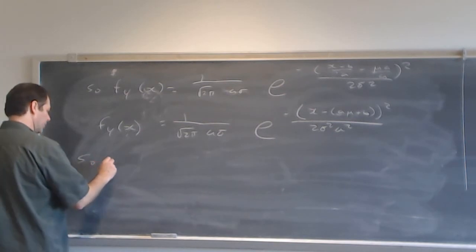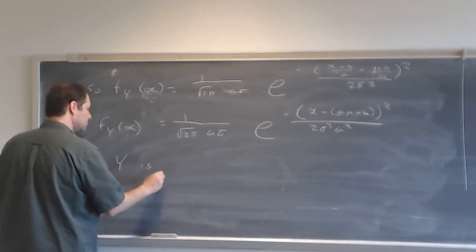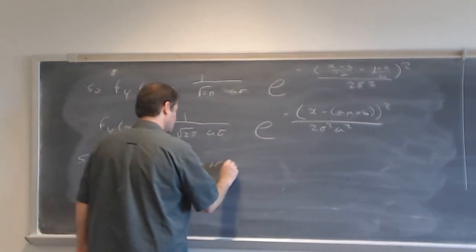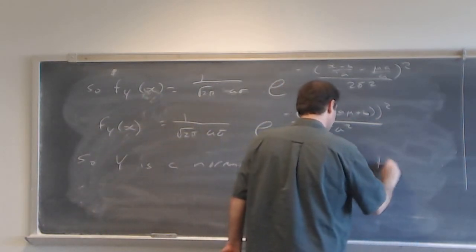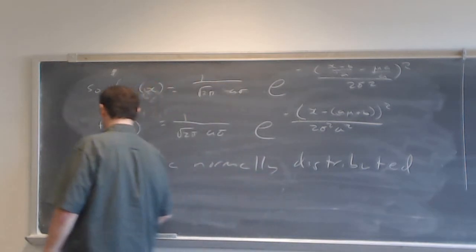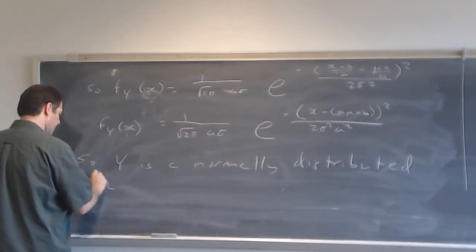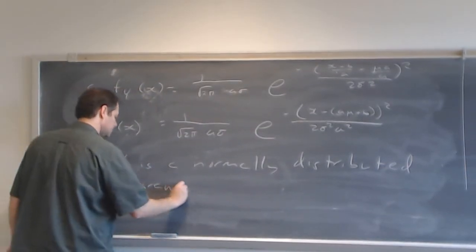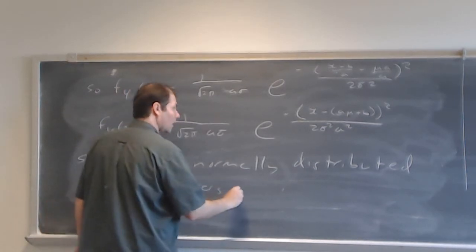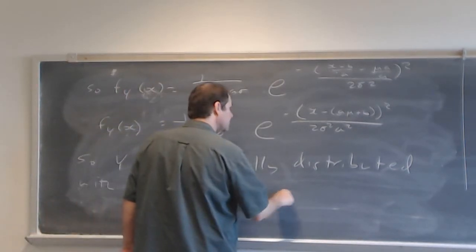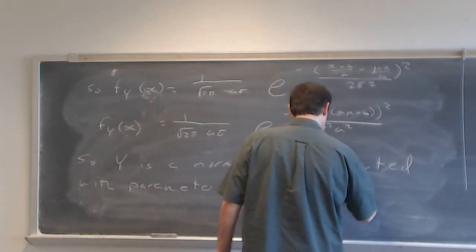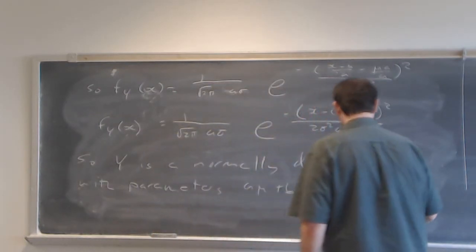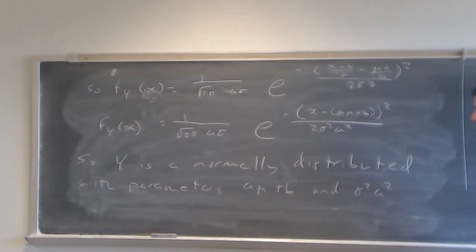And that's exactly what we want. So it's normally distributed with parameters A times mu plus b and sigma squared A squared, where sigma times A is greater than 0.